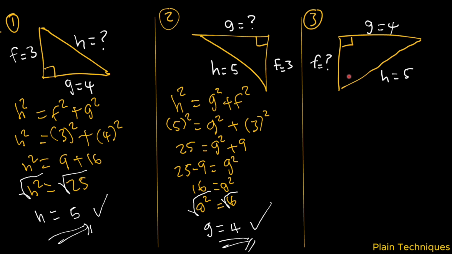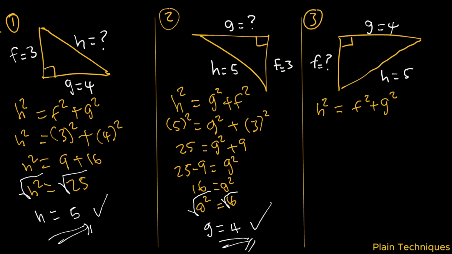This side is the hypotenuse, and the reason for that is because it's opposite 90 degrees here. So your Pythagoras equation will now be hypotenuse squared plus the rest of the sides, f squared plus g squared.